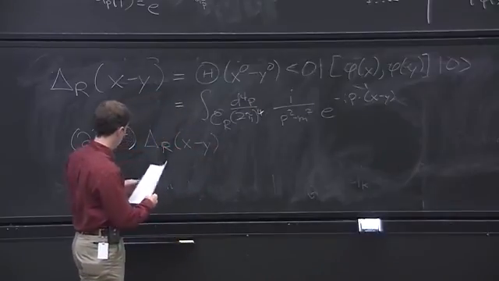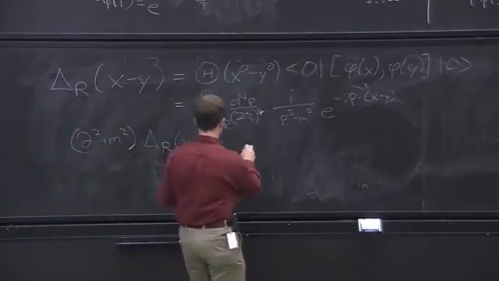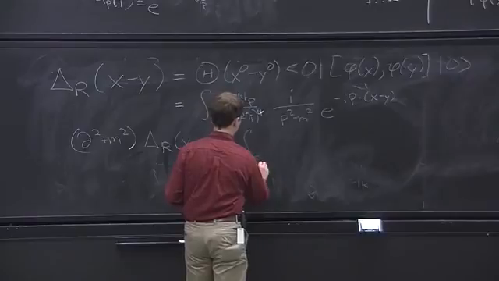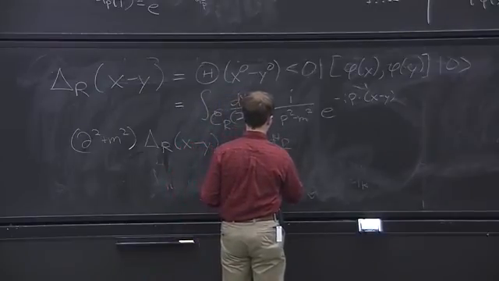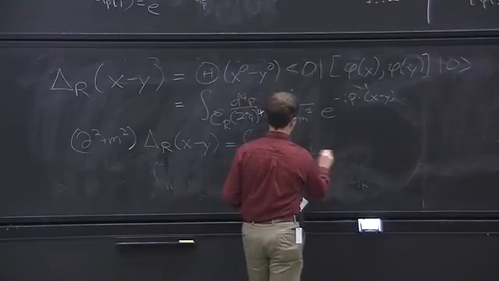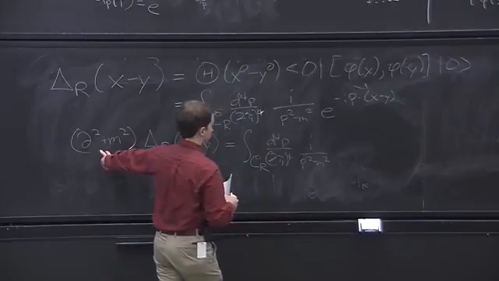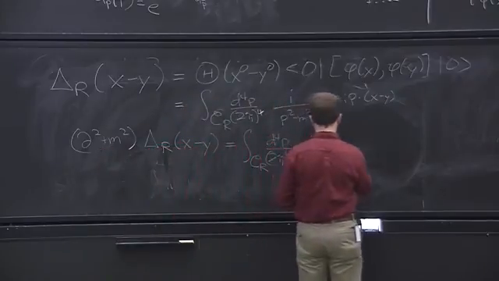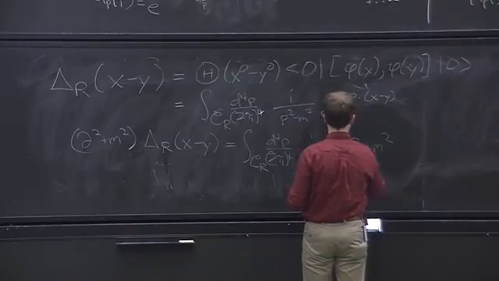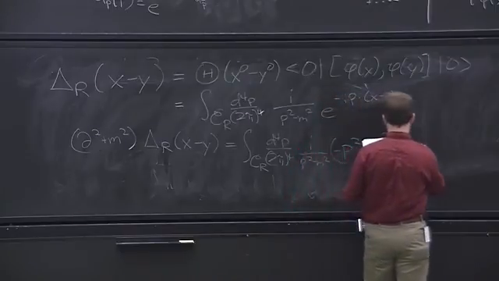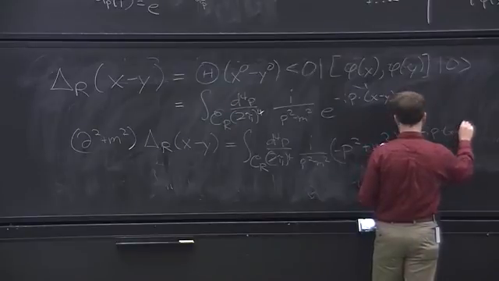And if we act with this operator on this function here, what we get is the integral d^4p over 2 pi to the 4th, i over p squared minus m squared. This just brings down a factor of minus p squared plus m squared, times e to the minus ip dot (x minus y).